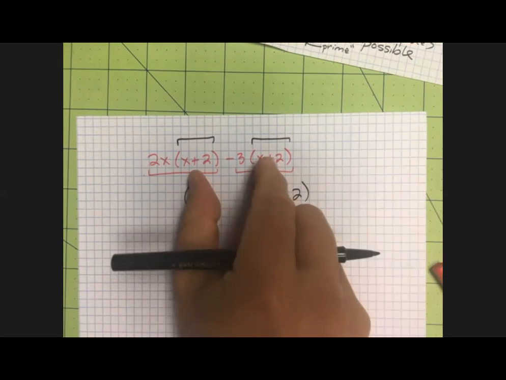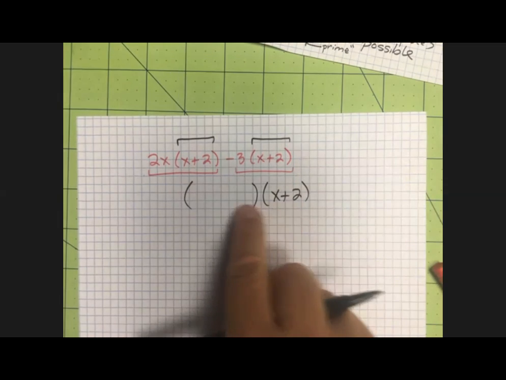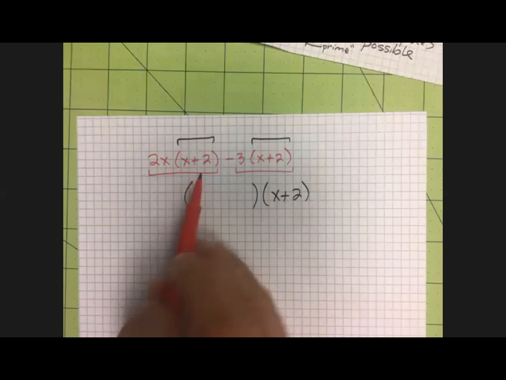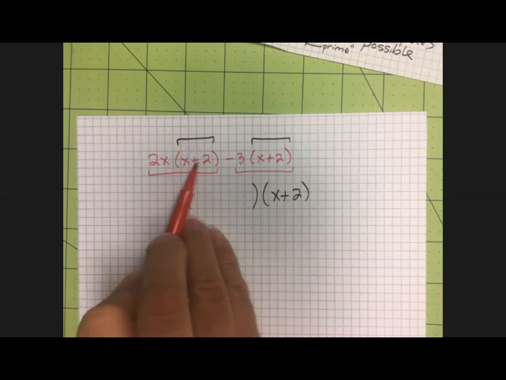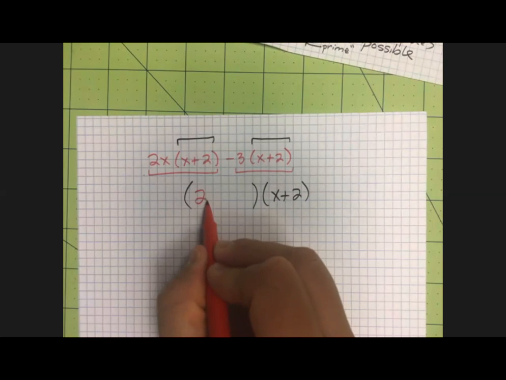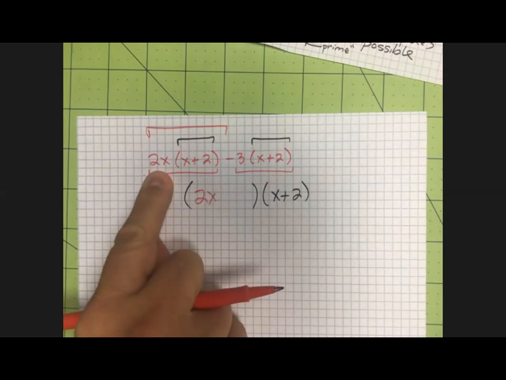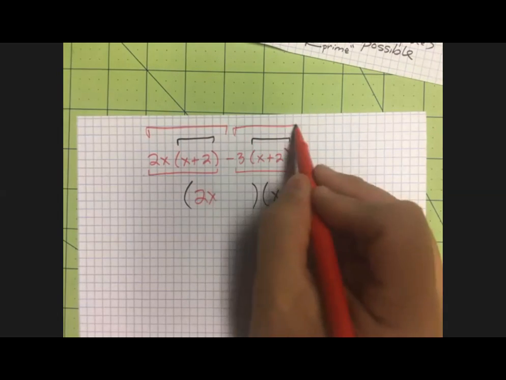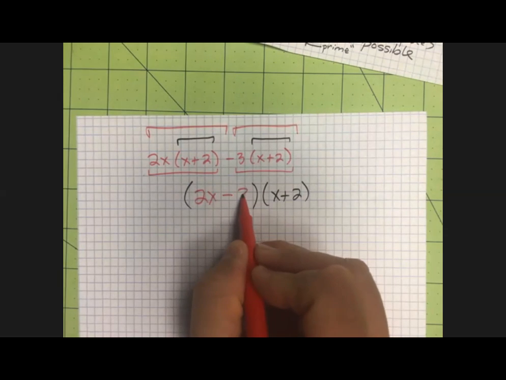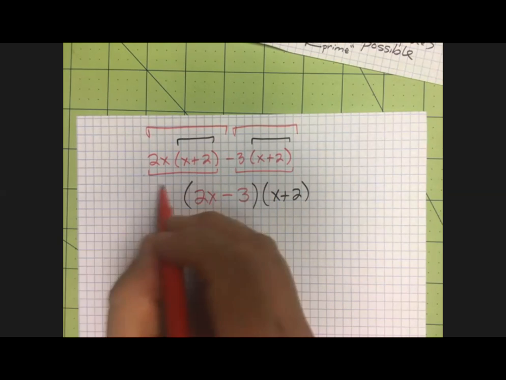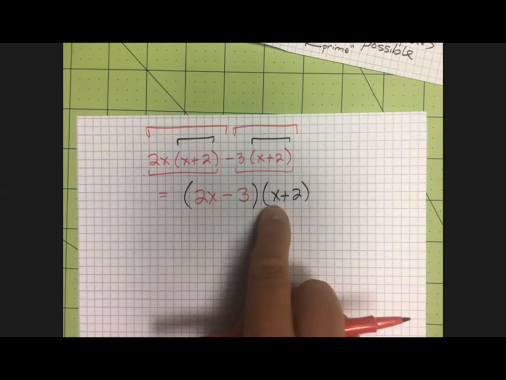I pull this out to the side and tell you what's left. What is left if I remove this x plus 2? If I divide by x plus 2, what's left in the first piece is 2x. What's left in the second piece is minus 3. So I just factored this completely into 2x minus 3 times x plus 2.